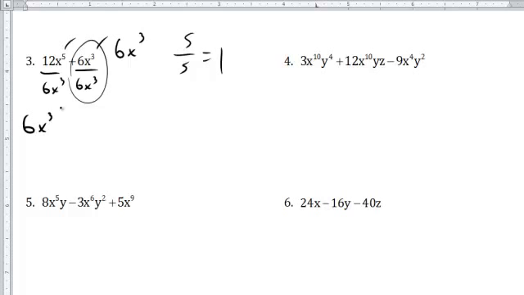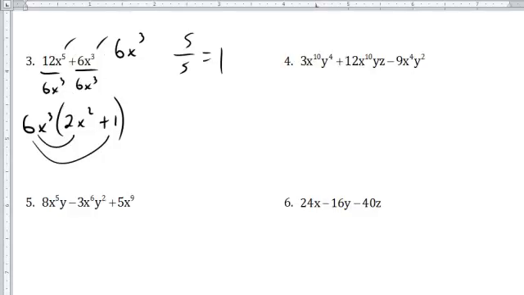If I write it out, 6x cubed, I divide the first one out, I get 2x squared, and then plus 1. Just think, if I distributed this back over to both those terms, I would get plus 6x cubed, and just to get my original problem. But anyway, this is the answer here.